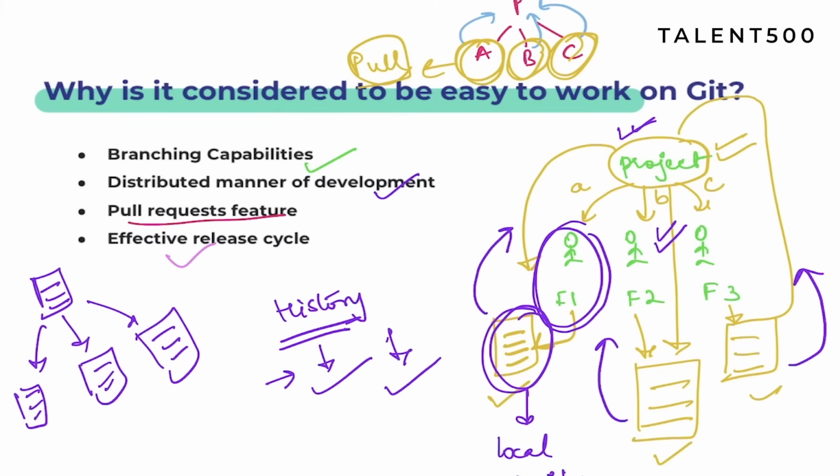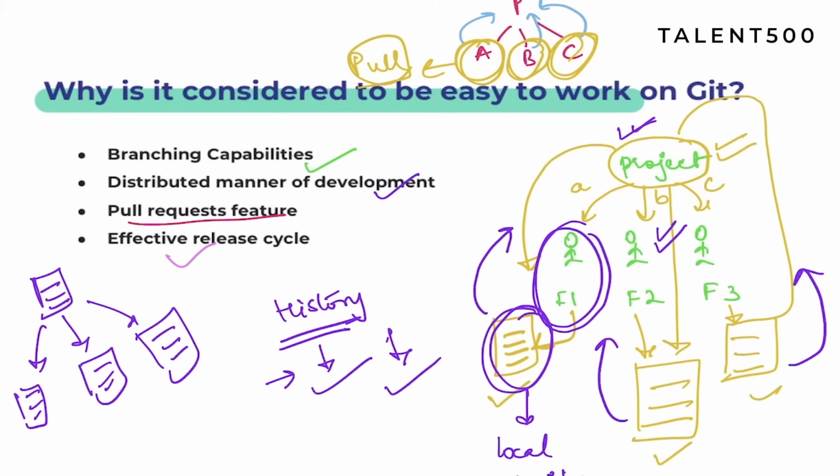How is it helpful? It improves the project workflow in an efficient manner. Because for any project, you are not just maintaining one release, you are going to have multiple releases. If you want to achieve that, the best approach is using Git.